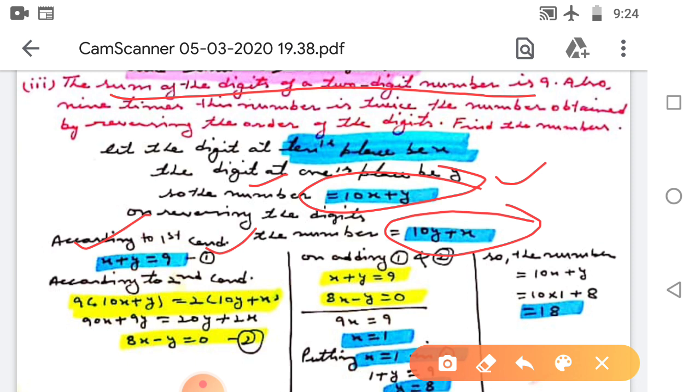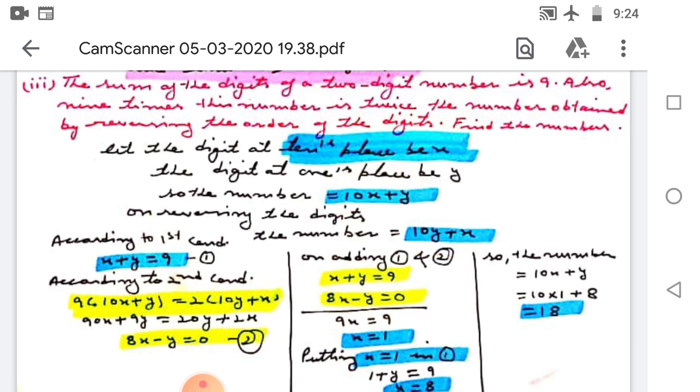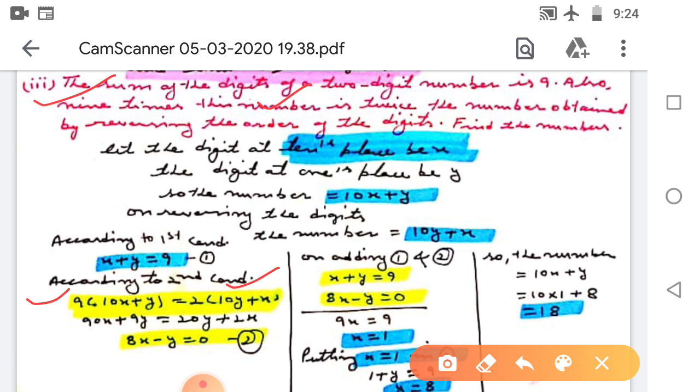Now according to the second condition, 9 times this number means 9 multiplied by 10x plus y. 9 times this number is twice the number obtained by reversing the digits, which is 10y plus x.